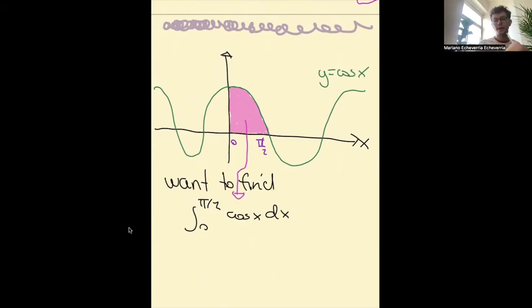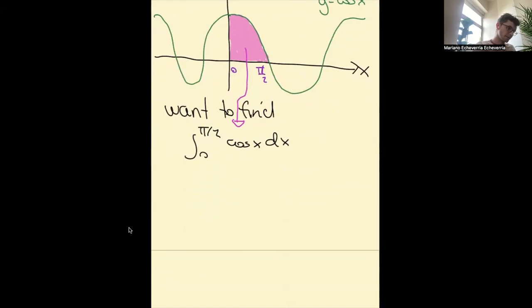So again, the trick, as I'm explaining it right now, probably I'll do it next time so as not to overwhelm you today with information. But the trick for now is, instead of computing this up to pi over 2, let's compute this up to t.